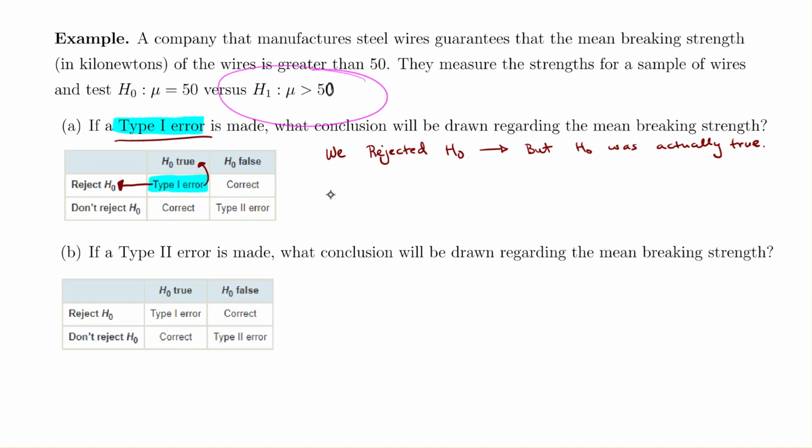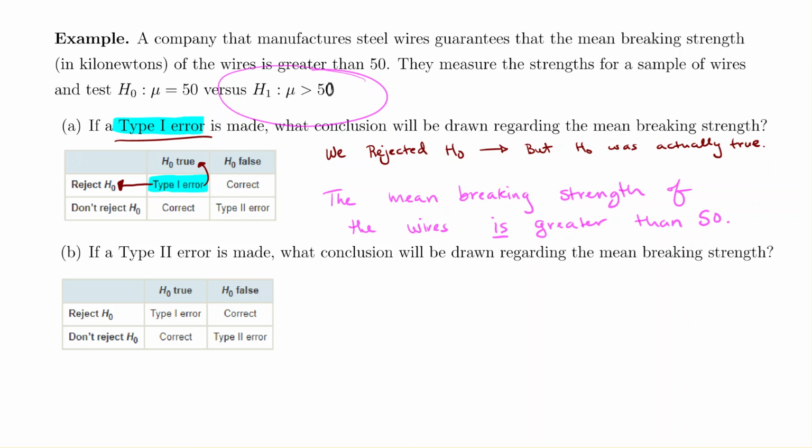So my conclusion would have been that the mean breaking strength, because that's what we're interested in, of the wires is greater than 50. So if we had made a type 1 error, this would have been our conclusion, and it would have actually not been reflecting reality, even though we did the process correctly.